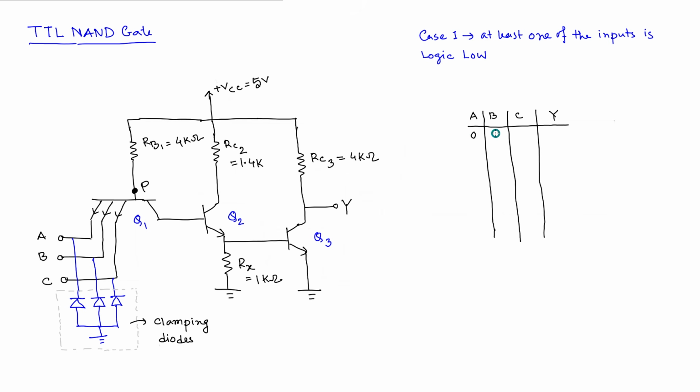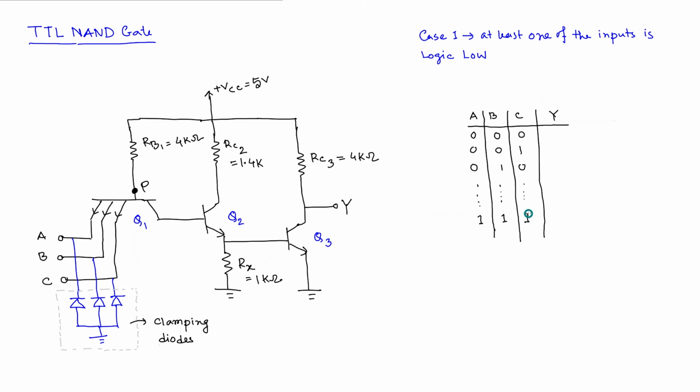So that means 8 possible conditions: 0,0,0, 0,0,1, 0,1,0, and in this way up to 1,1,1.